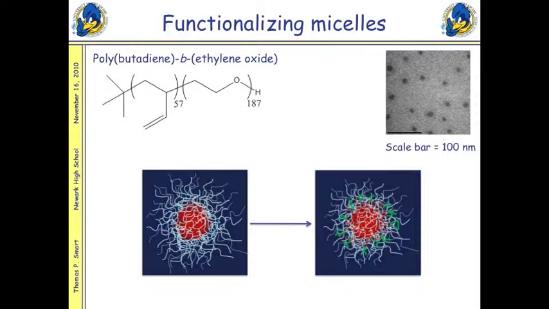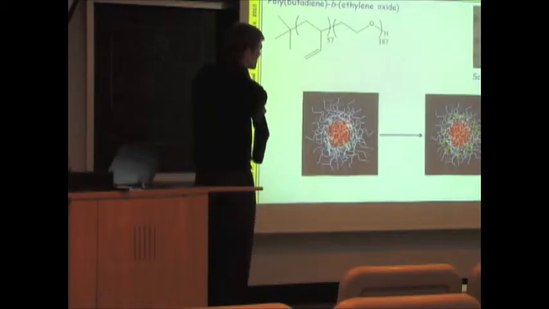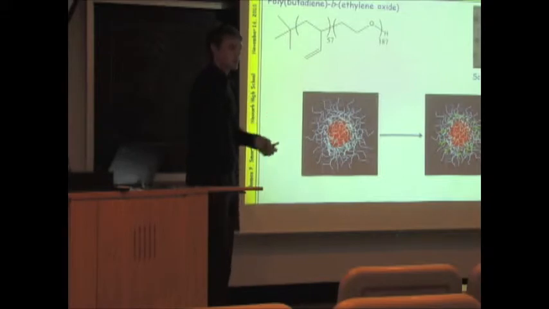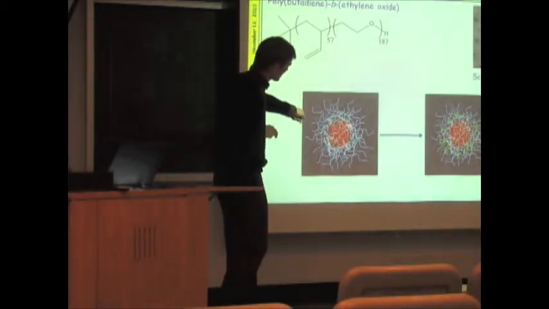How we're doing this is, you see this ene unit. It's a carbon-carbon double bond in the hydrophobic block. This is quite reactive, and so we're using this in our micelles. We've got our micelle dispersion, and what we're going to add is peptide sequences, so short proteins, which will react with this bond and stick to the surface.